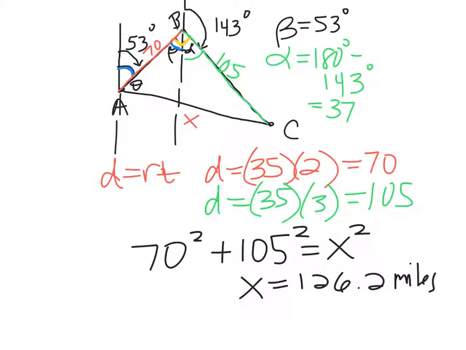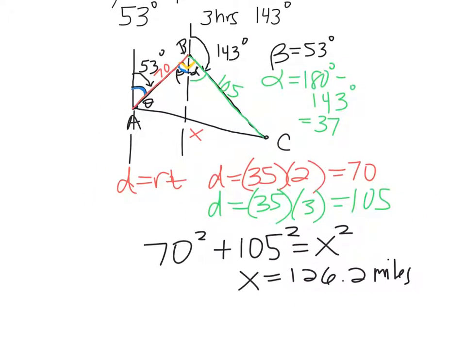Now it says to find the bearing from Port Cleveland to the boat. Does that line cut perpendicularly, from A to C? It doesn't. That would help though, wouldn't it?